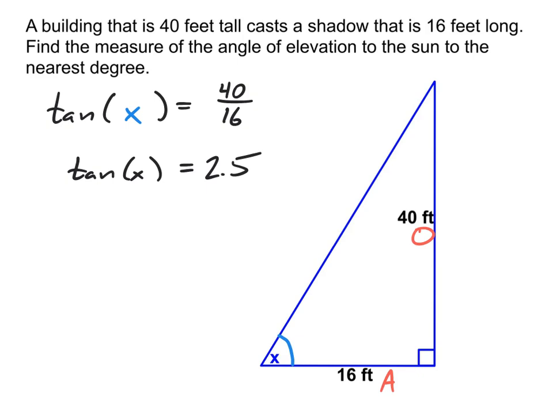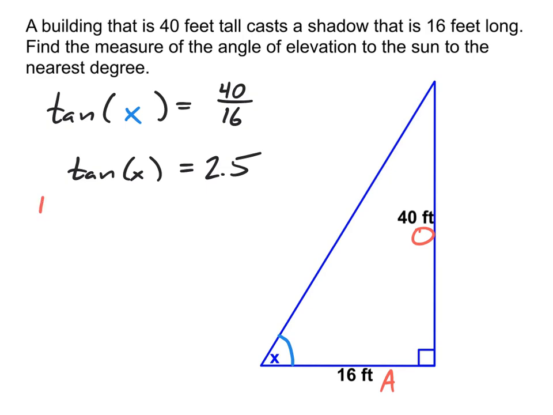All right, so now I have tangent of x, and I need to know what x is by itself. Well, in order to get the x by itself, that means I have to get rid of tangent. That means I have to undo tangent as a function. Well, the only way to undo tangent is with inverse tangent.